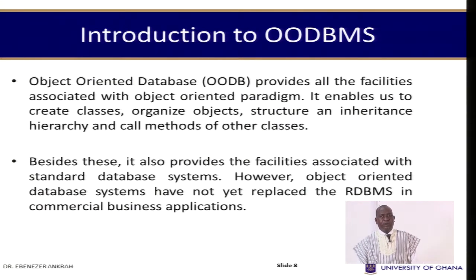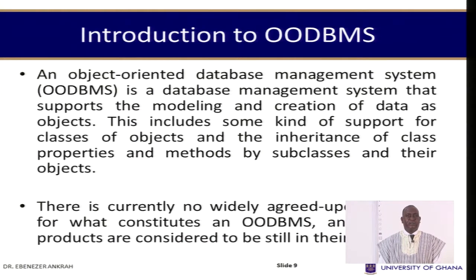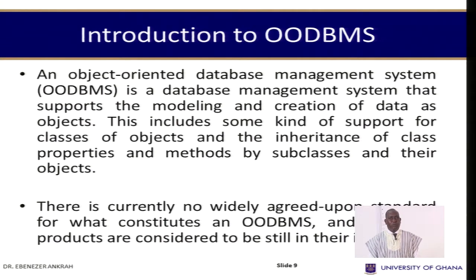However, object-oriented database systems have not yet replaced the relational database system in commercial business applications. An object-oriented database management system is a database management system that supports the modeling and creation of data as objects.